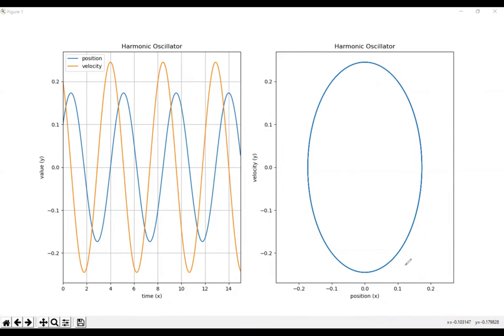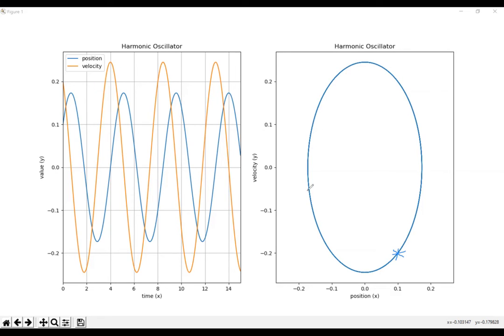Now let's suppose I start with my initial position and initial velocity, so 0.1 and 0.2. Now let's suppose I keep track of the x and y coordinates as they evolve over time and use this to draw a curve within the xy coordinate system.